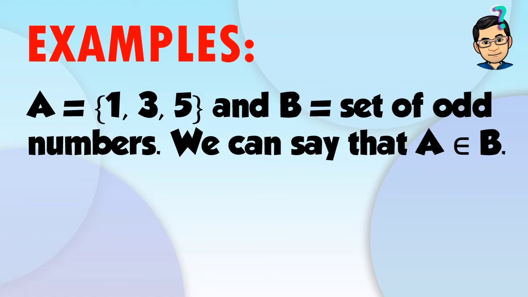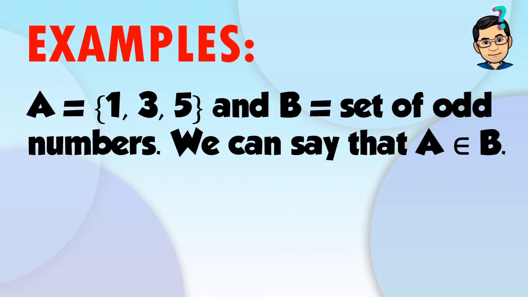And set B is the set of odd numbers. Therefore, we can say that A is an element of B. Bakit? So, mga odd numbers kasi, yun yung 1, 3, 5, 7, 9, 11, 13, and so on. So, kung titignan natin yung mga elements ng set A, 1, 3, 5, and these are considered as odd numbers. So, A is an element of B.